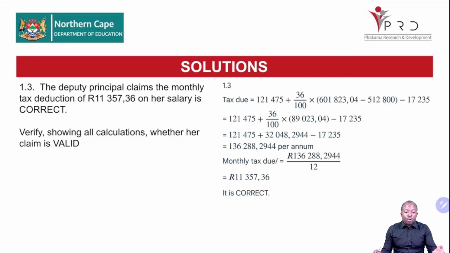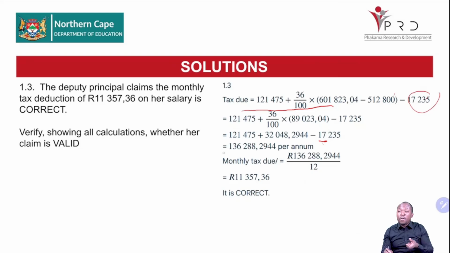We have to show. So this money from bracket 4, you write all the sentence in front of bracket 4, which is this. Then you close the bracket, you minus the rebate. You can work it step by step, my learners. Don't cram everything together, okay? So when you work out all, you are going to subtract your rebate. It means it's going to be left with 136,288 and 29 per annum.